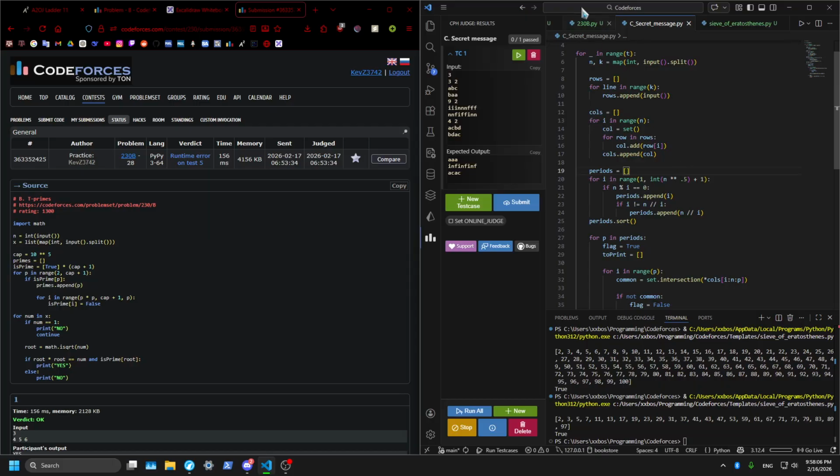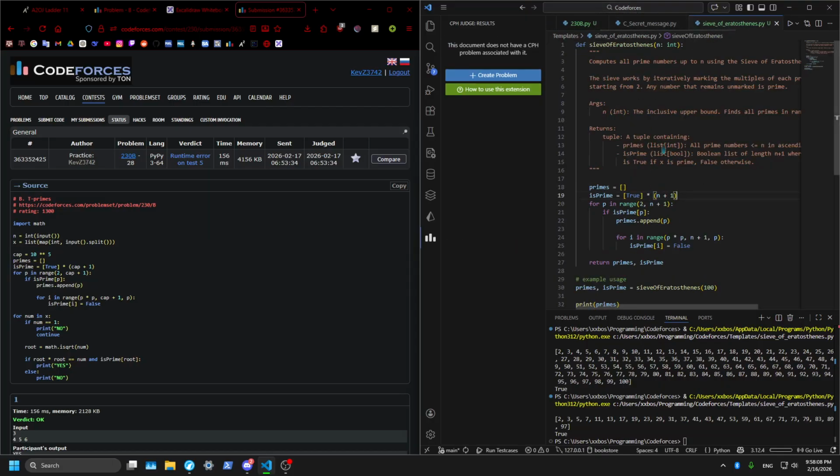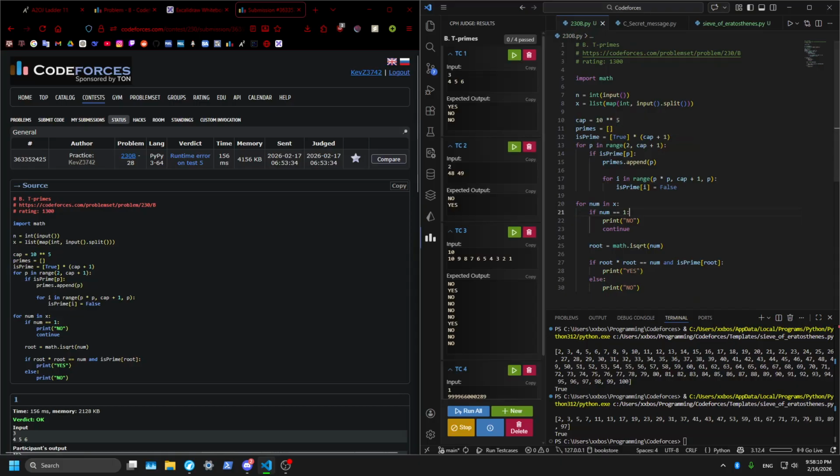So technically, we can make the sieve even faster, because we can avoid some unnecessary work.